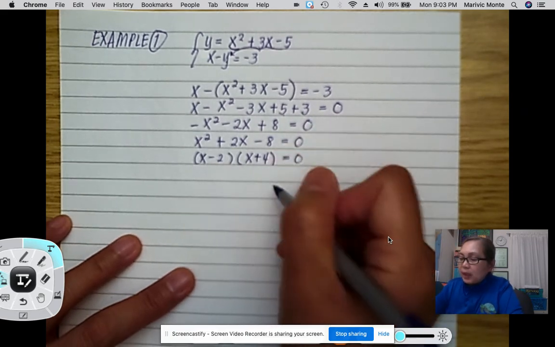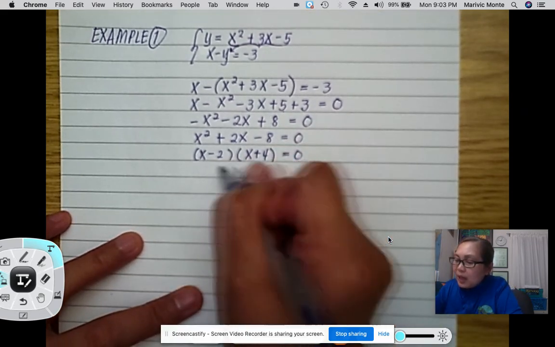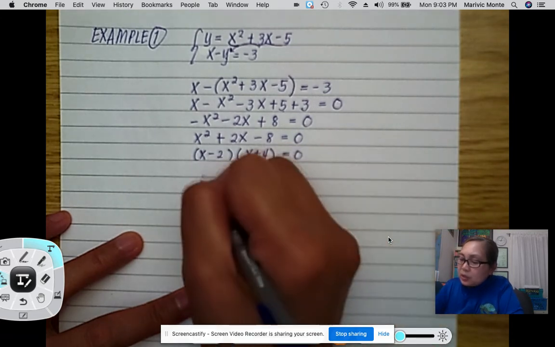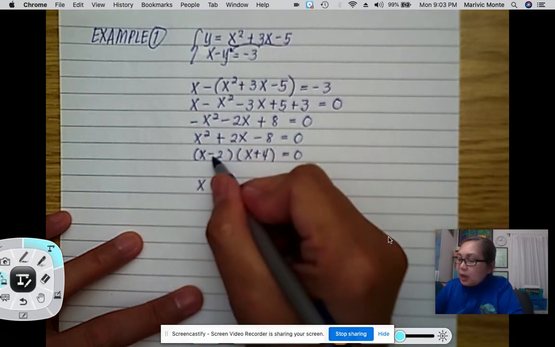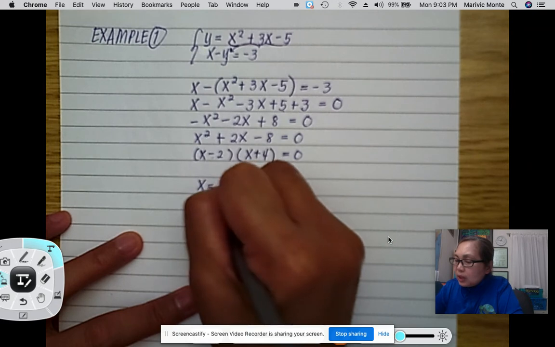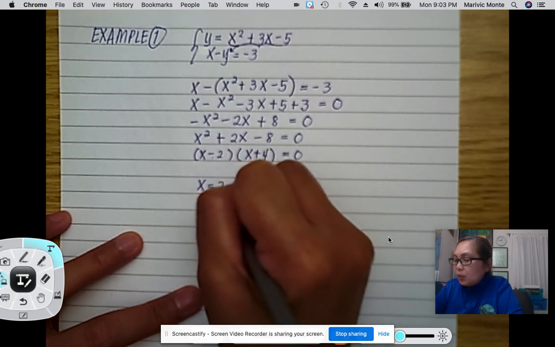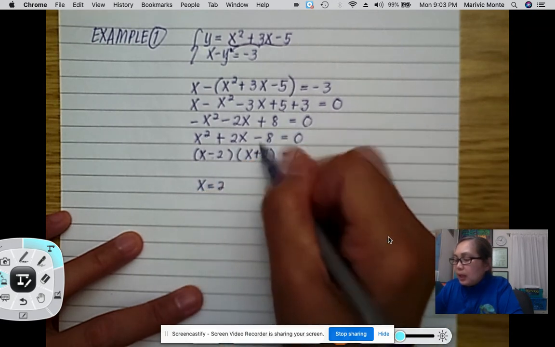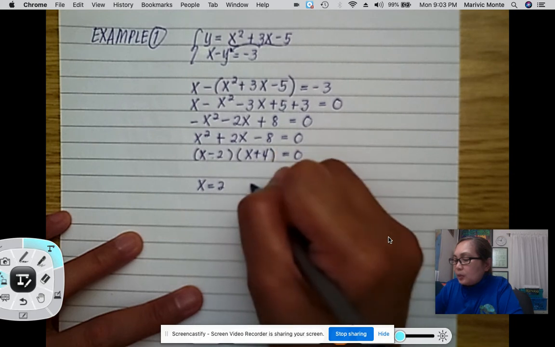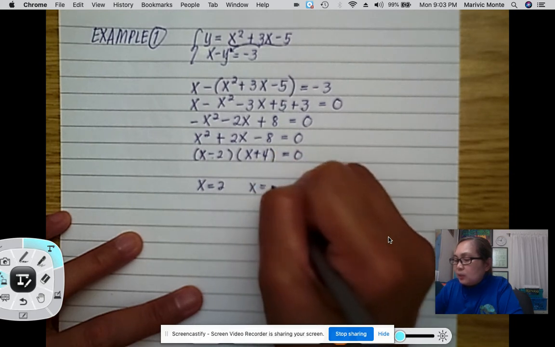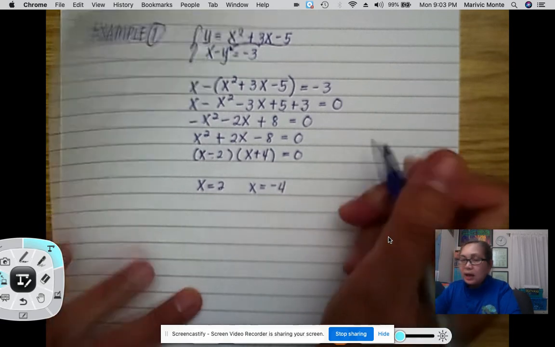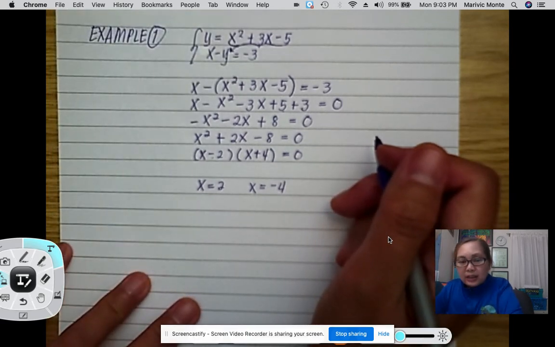We're using the factored form so we could find the values of x. So our first x, you take the opposite of that minus 2, that would be x equals positive 2. And the other one, take the opposite sign, so this would be minus 4. So these are our x values.